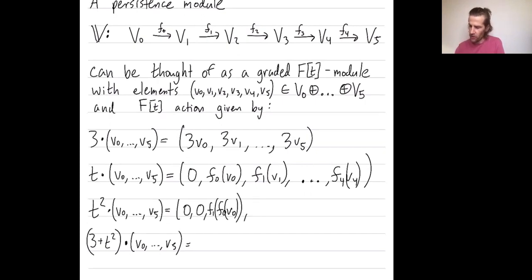And an interesting element in V3 is obtained by starting at V1, applying F1, and then applying F2. And then at the very end, in vector space V5, we'll have element V3 after applying F3 and then applying F4.